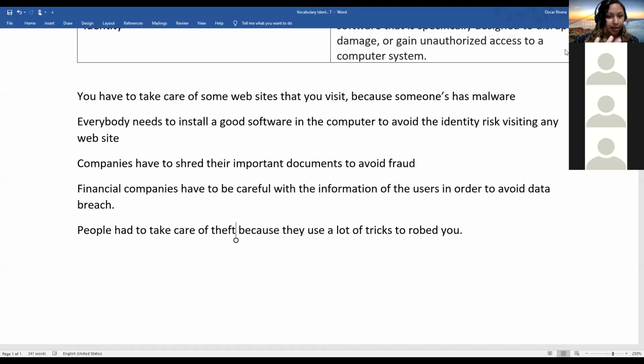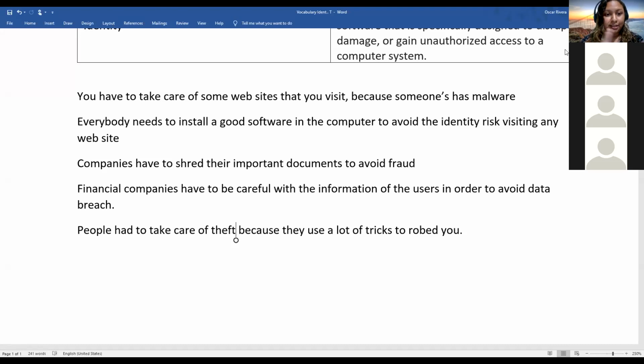You're saying, hey, be careful. There's a warning. So in this case, instead of saying take care of something like it's my baby and I love it, I'm going to say you have to be careful. With some websites. It's like, hey, be alert.